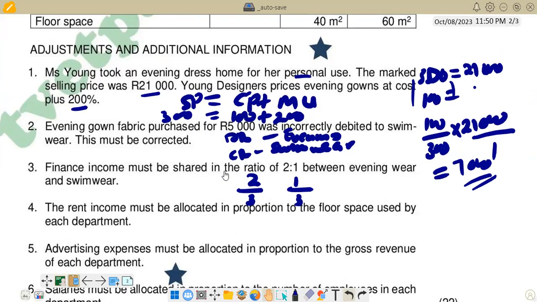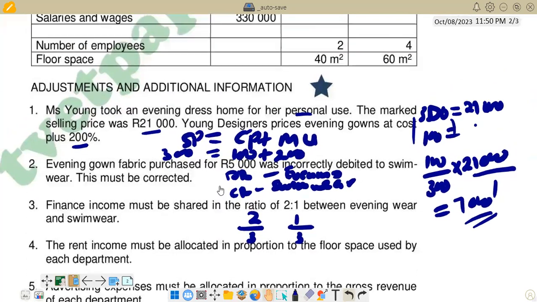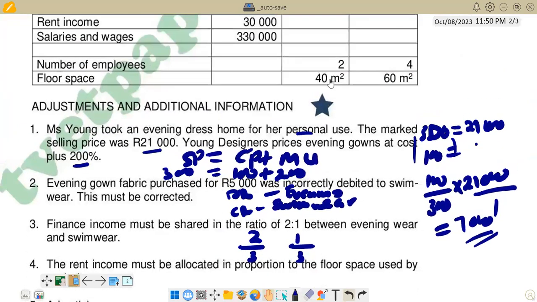So the floor space is given there as 40 and 60. If you add 40 and 60 to get the denominator, you get 100. So for evening, you're going to say 40 over 100. Then for swimwear, we're going to say 60 over 100.